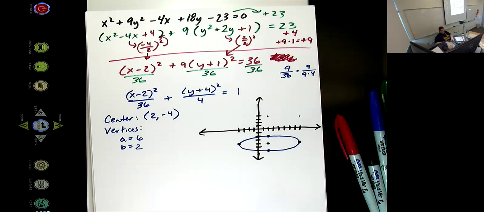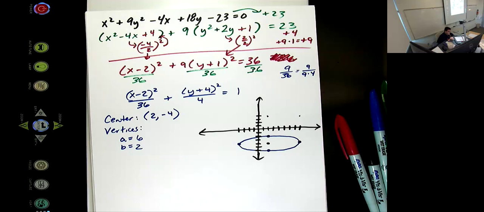Now that I have a picture, we can find the coordinates of the vertices. But which ones are they? Just in description of the ellipse. Anybody know?